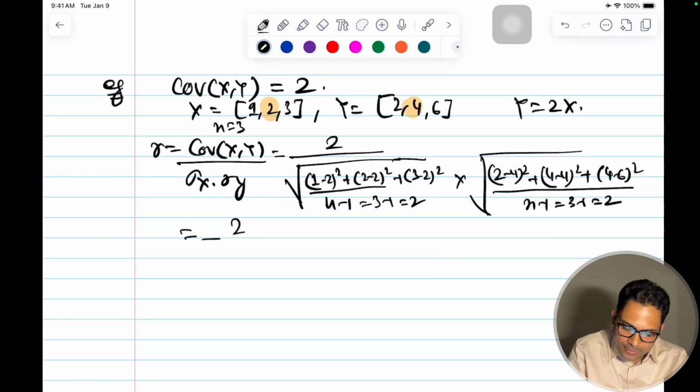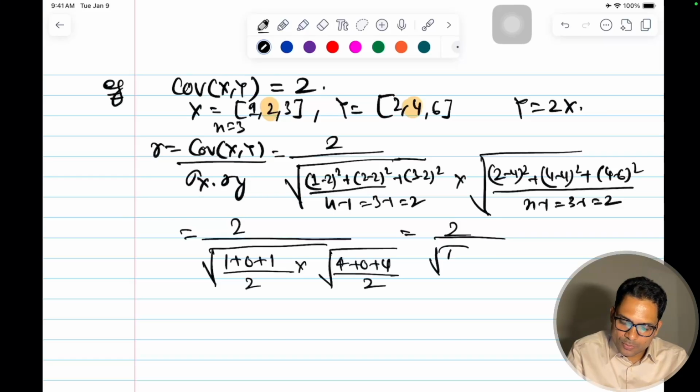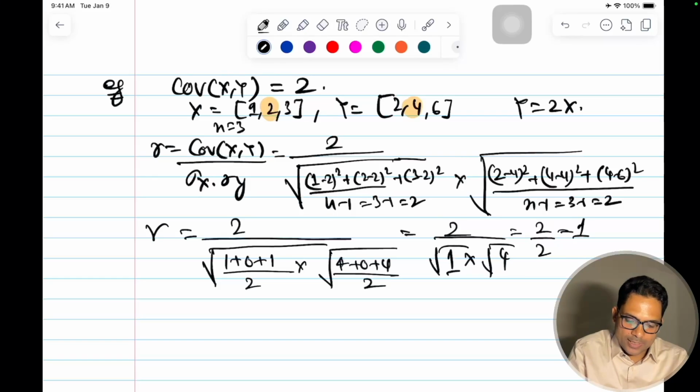This will be equal to 2 divided by the square root of (1 plus 0 plus 1) by 2, into the square root of (2 square plus 0 plus 2 square) by 2. So this is equal to 2 by 2 square root of 1, no problem, into 8 by 2 square root of 4, which is 2. So this is 2 by 2, equal to 1. So my r is equal to 1.